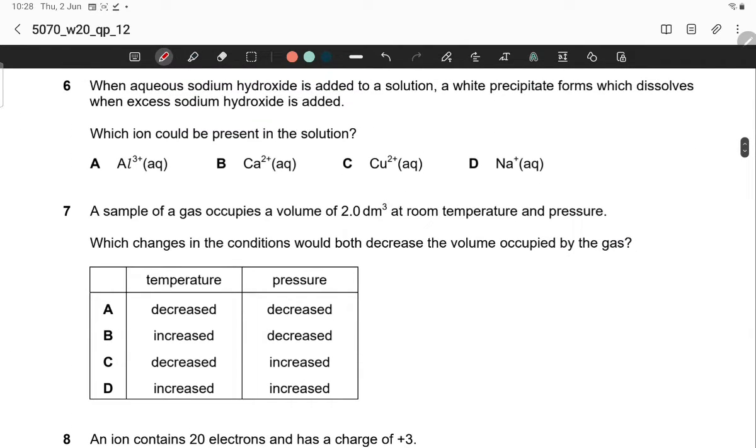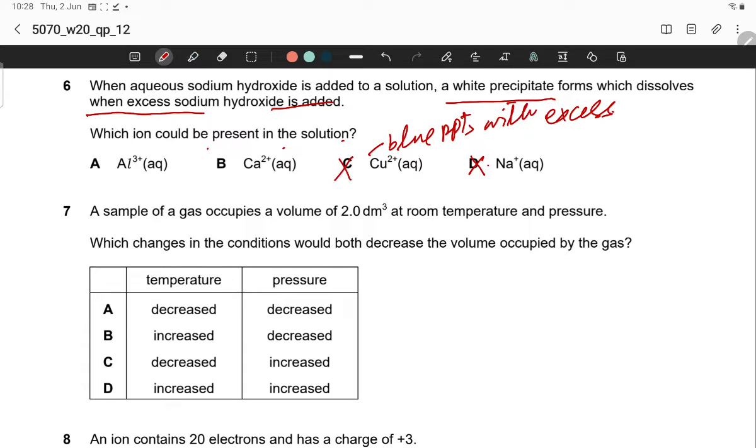When aqueous sodium hydroxide is added to a solution, a white precipitate forms which dissolves when excess sodium hydroxide is added. Which ion could be present in the solution? Copper forms a blue precipitate, which does not dissolve in excess.